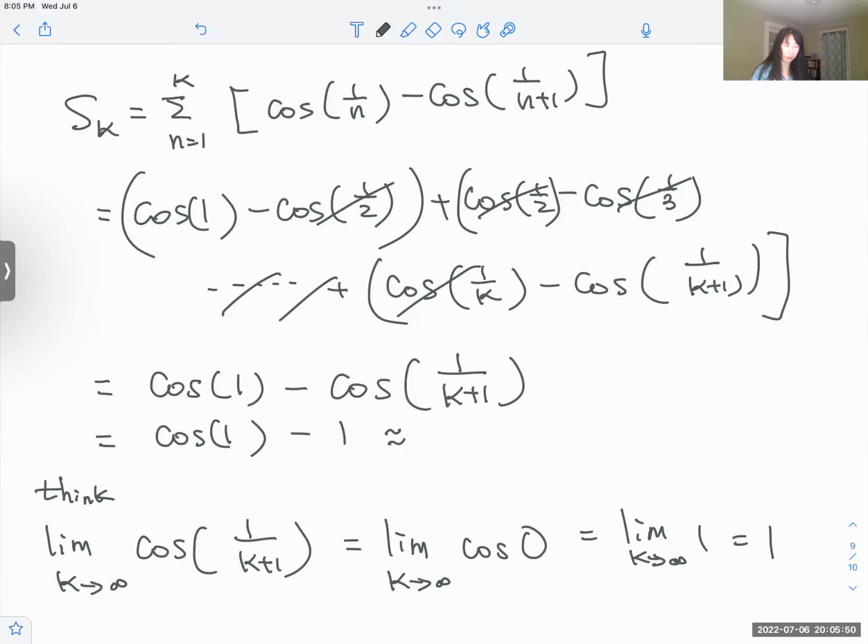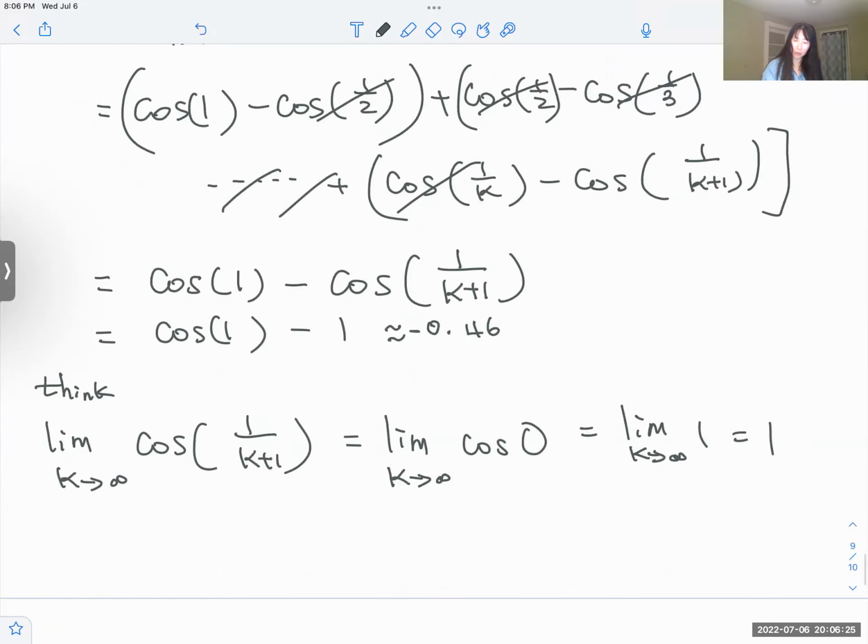Cosine 1 is 0.54. So negative 0.46. Okay, negative 0.46, that's correct? Yes, that's correct. Okay. All right, good job. Thank you for coming.